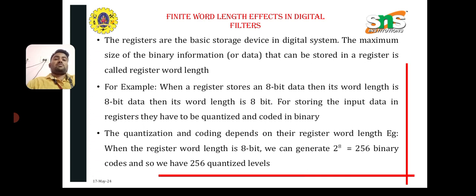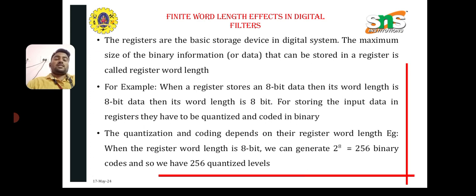The maximum size of the binary information that can be stored in a register is called register word length. For example, when a register stores 8-bit data, then its word length is 8 bits. For storing the input data in a register, it has to be quantized and coded in binary.